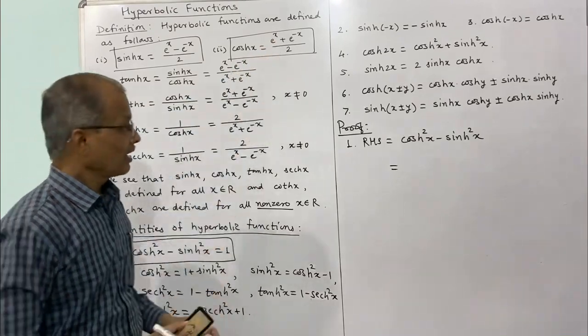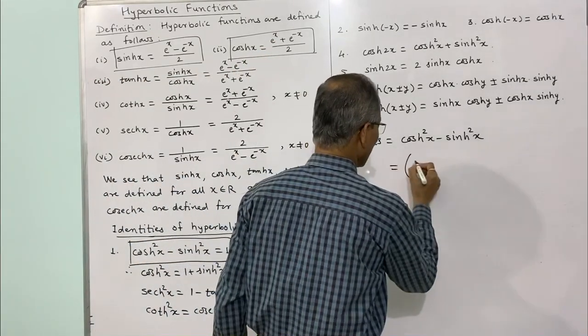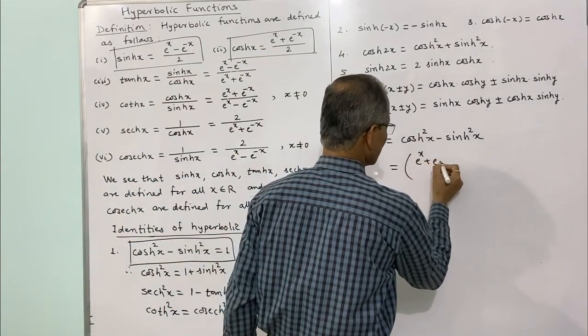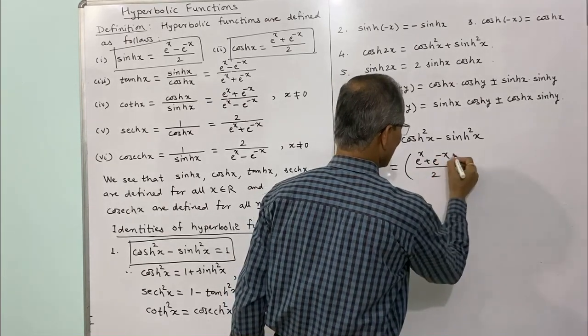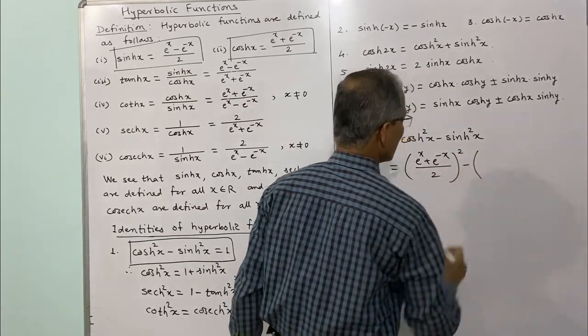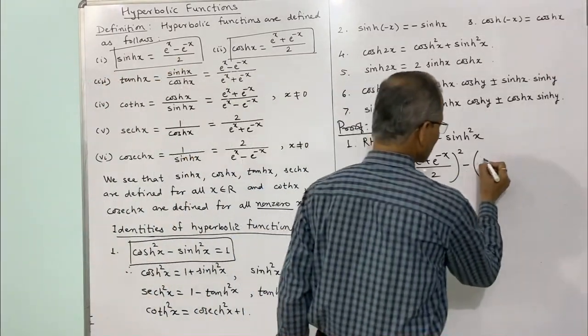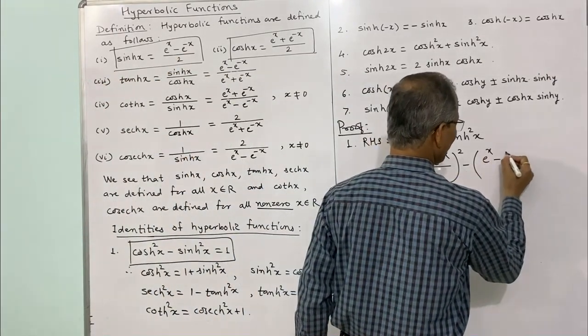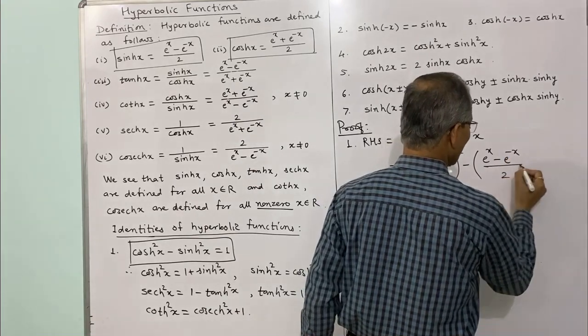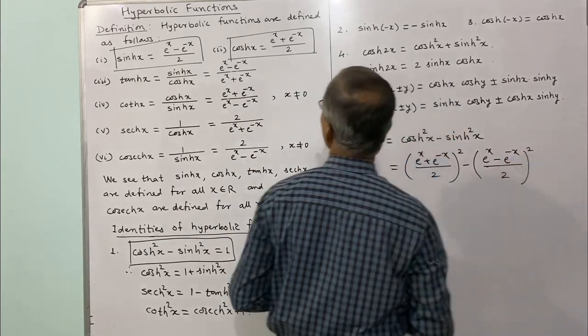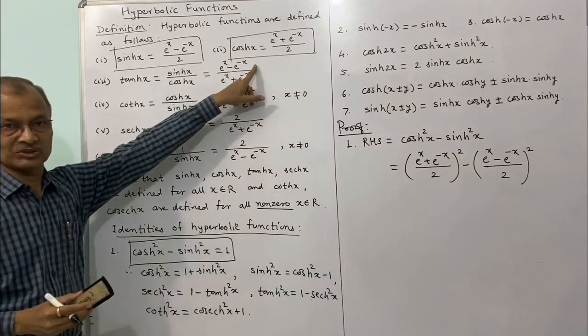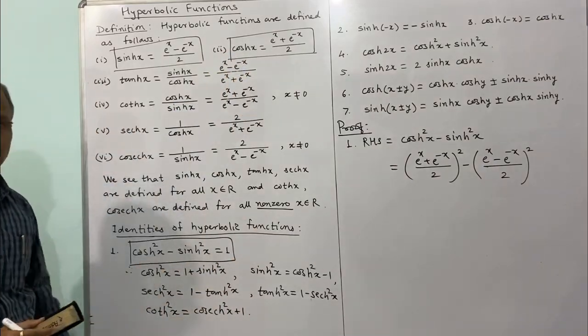This one, and we write its value in brackets: (e to the power x plus e to the power negative x) divided by 2, its whole square, minus hyperbolic sin x, and this is (e to the power x minus e to the power minus x) divided by 2. So these are the only important definitions to be remembered, and the identity is this one.